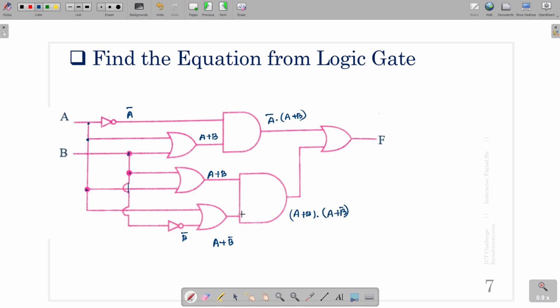This is the input from this logic gate, so A plus B bar is our input, so we have to multiply those values, A plus B into A plus B bar.